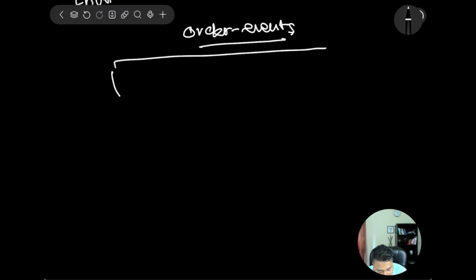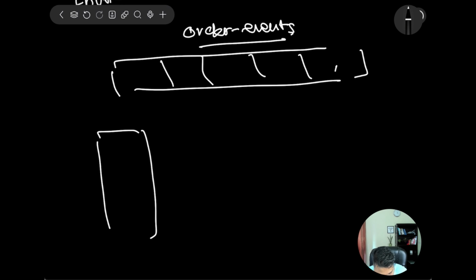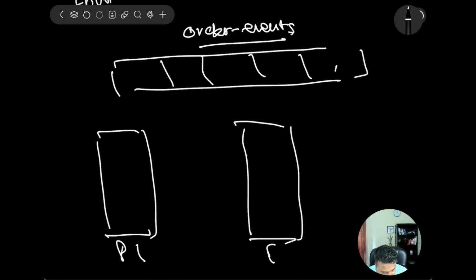So logically, for order events, there is one partition, partition 1, then partition 2, and then partition 3. You have 3 partitions, 3 different boxes to store your data.